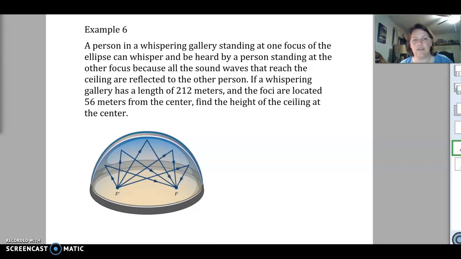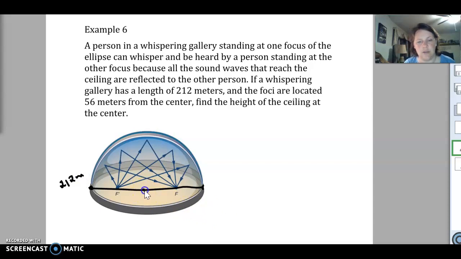If a whispering gallery has a length of 212 meters, so that's from this point to this point, and all the way across through the two foci points, through the center, all the way across is 212 meters, and the foci are located 56 meters from the center.